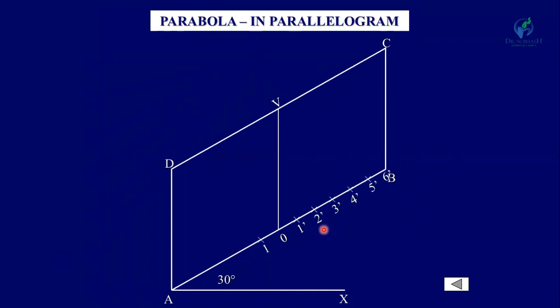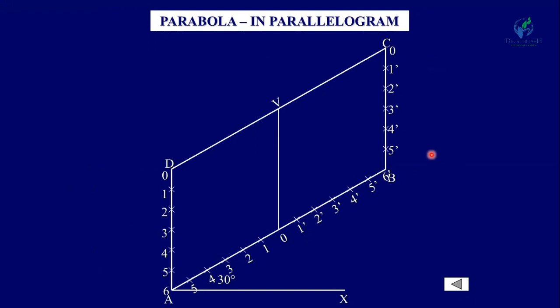Similarly on the other side, 1, 2, 3, 4, 5 and 6. Now from C to B, mark the same number of points: 1 dash, 2 dash, 3 dash, 4 dash, 5 dash and 6 dash. Similarly on line DA, 0, 1, 2, 3, 4, 5 and 6.